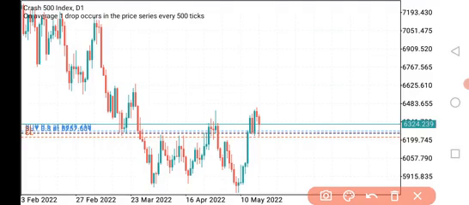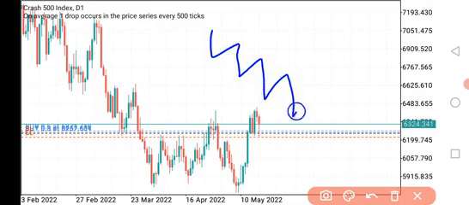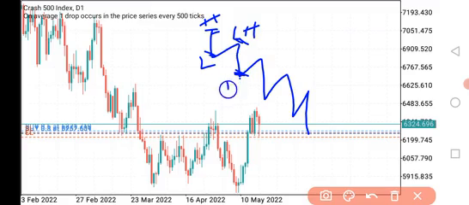When you say something is on a downtrend, it means price kept coming down. See the diagram I'm drawing on the board. Price kept coming down, and this is called a high and this is a low. Because this high is lower than this, they say it is a lower high, and because this low is lower than this, it is a lower low.